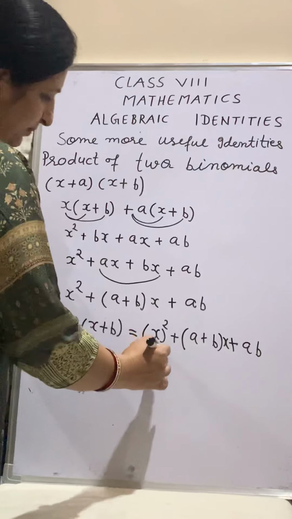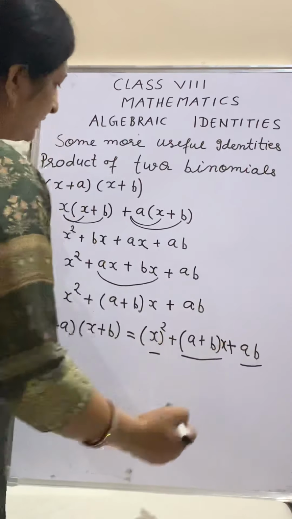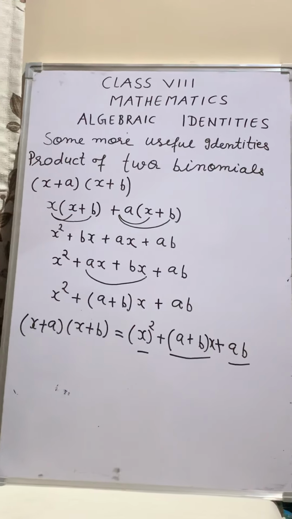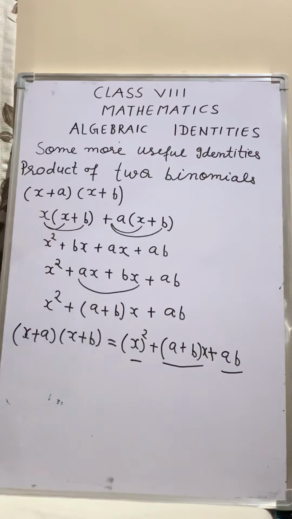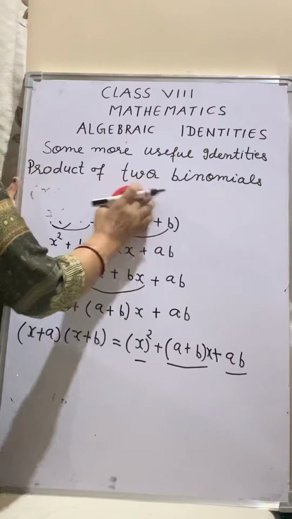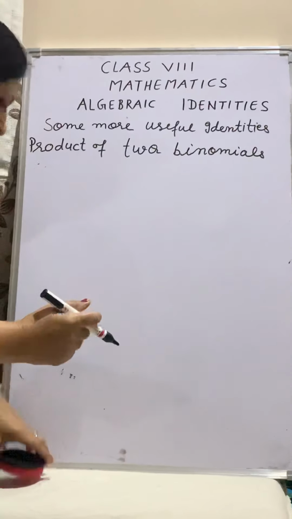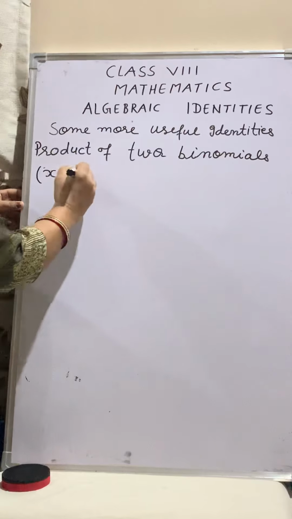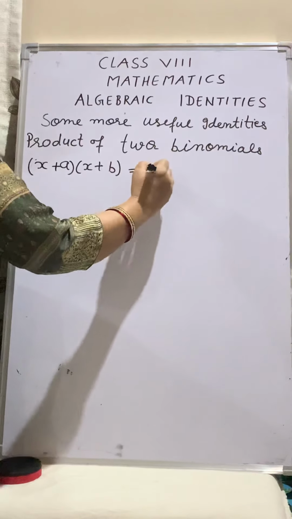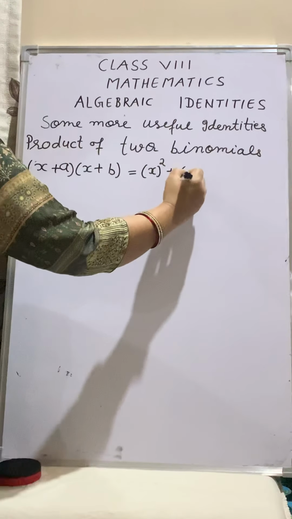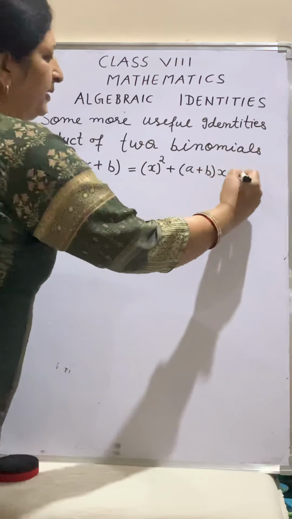It is the first term, it is the second term and it is the third term. We can derive some more identities by using this identity. X plus a, x plus b is equal to whole square of the first plus a plus b multiplied with x, the first term, and plus ab.